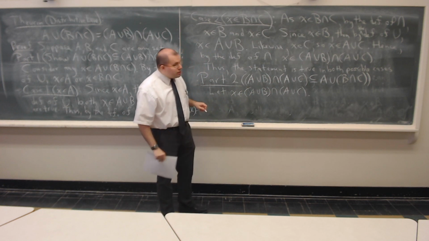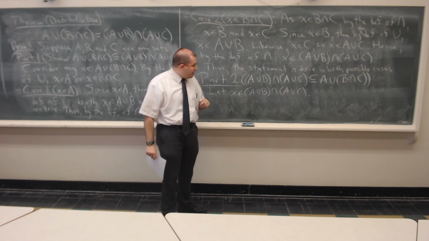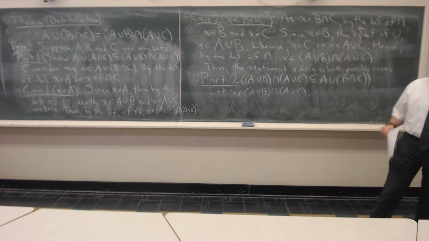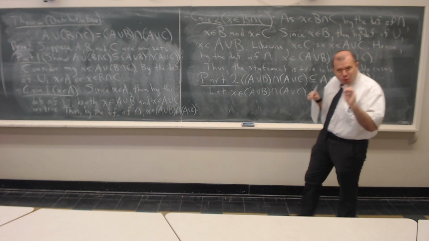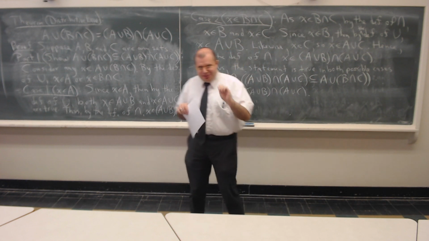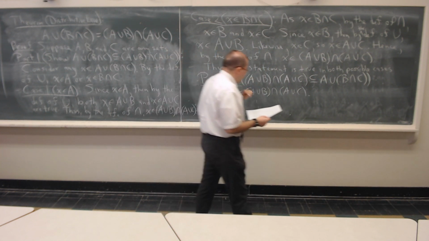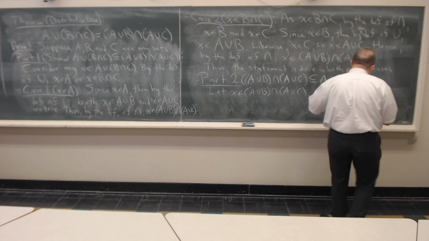For example, it could be in B. Likewise, it could be in C. So if I want to fix it on one of these sets, I have to consider when it's in A and when it isn't in A. So, here we go.